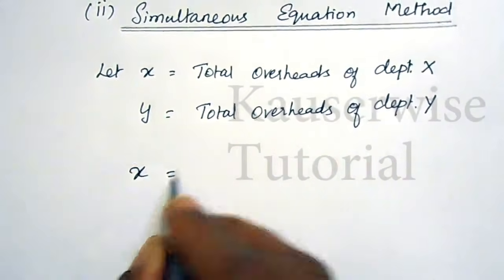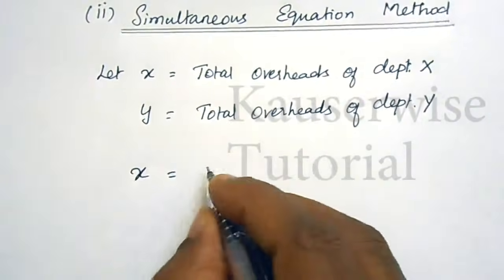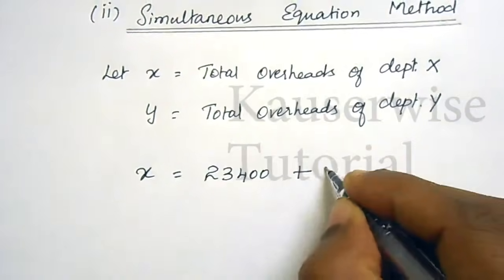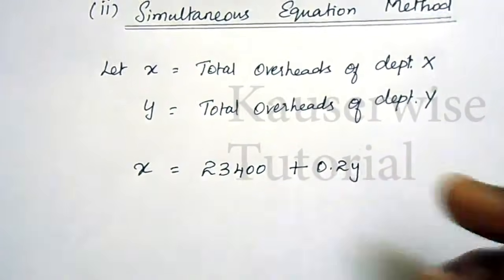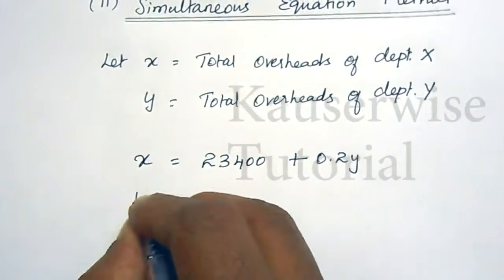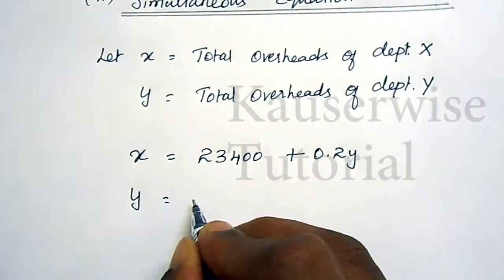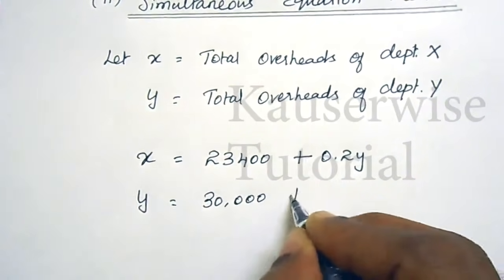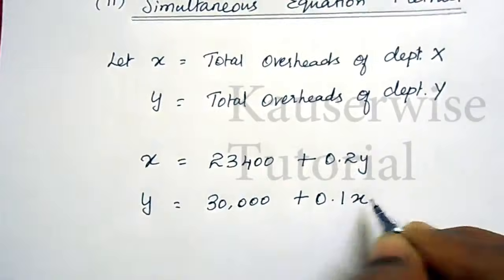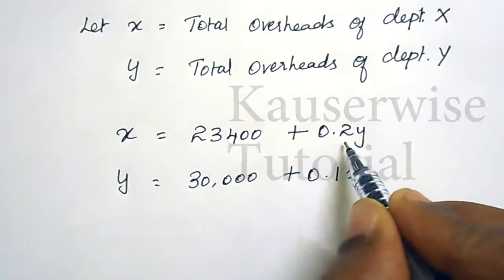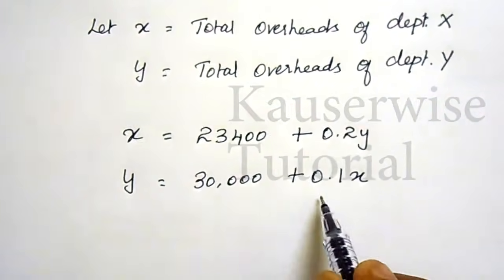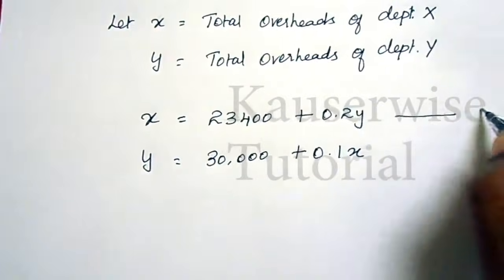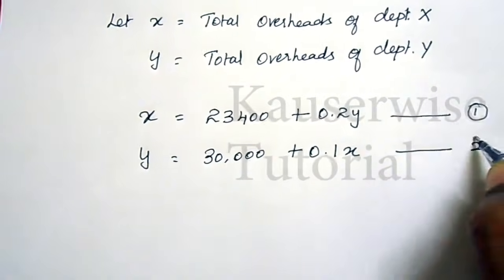Small x is equal to total overheads of department X, which is 23,400 plus 0.2y. And the second equation, y is equal to total overheads of department Y, which is 30,000 plus 0.1x. This 0.2y represents 20% and this 0.1x represents 10%, which is given in the problem. First equation, second equation.